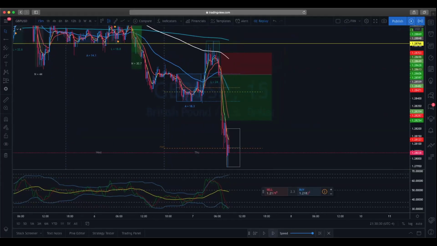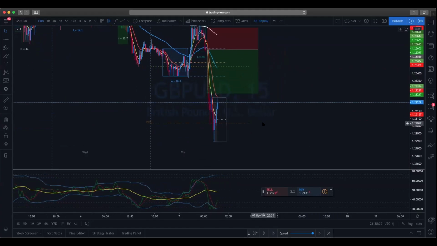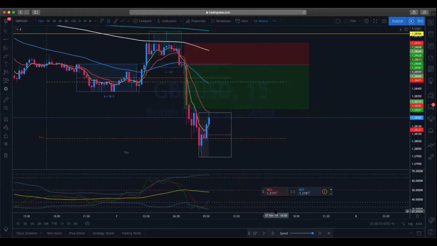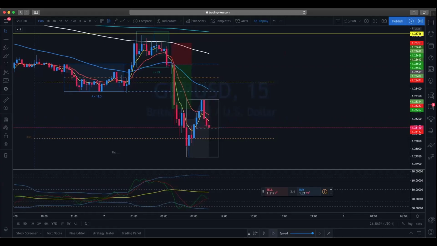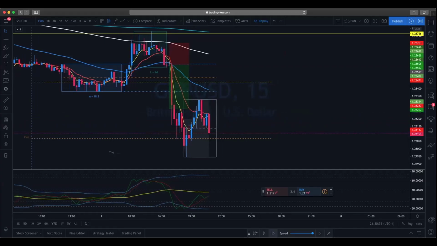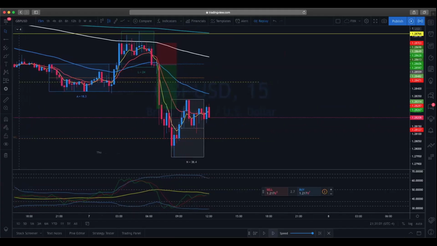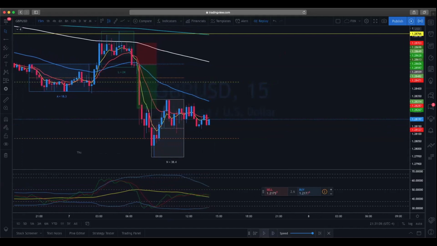Damn, okay, it goes below that. Goes all the way to 60. Yeah, it's my home run.